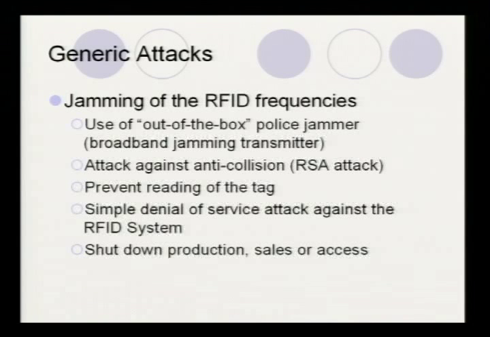All these attacks prevent reading of the tags. It's a simple denial of service against RFID systems. But imagine if someone brings a jammer into a company or a plant that is organizing its complete production process with this technology. You can shut down production, sales, or even block someone from getting into the data center.